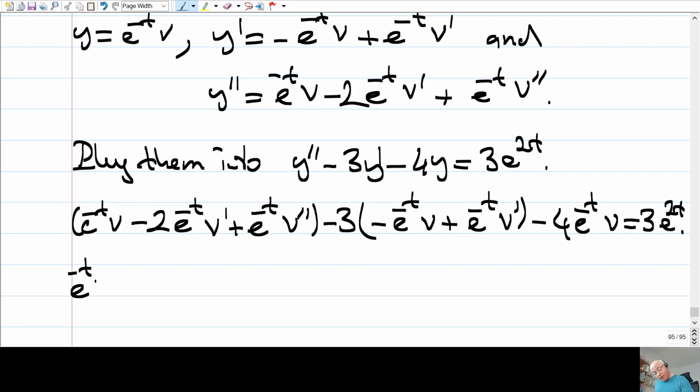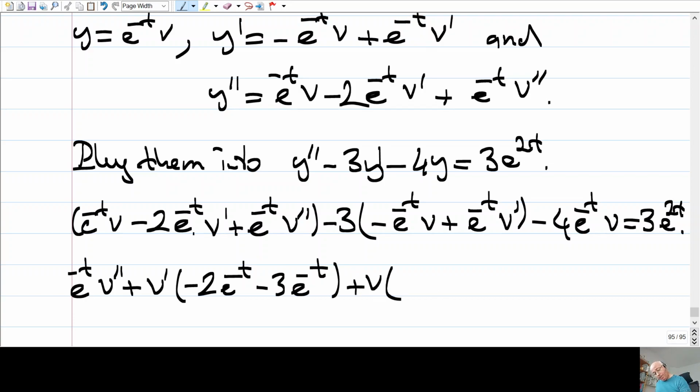e to the power minus t times v double prime, and then I have v prime terms. What are they? The v prime coefficient is minus 2 times e to the power minus t, and here I have minus 3 times e to the power minus t. Yes, and then we have v terms.